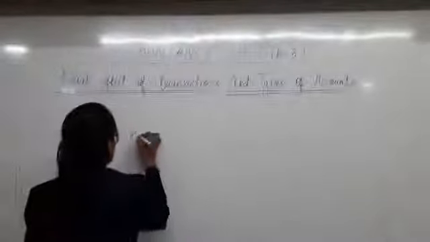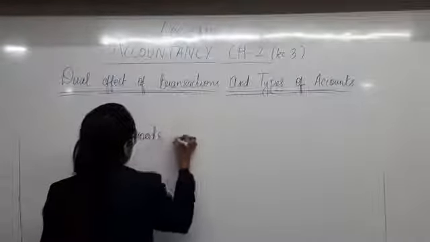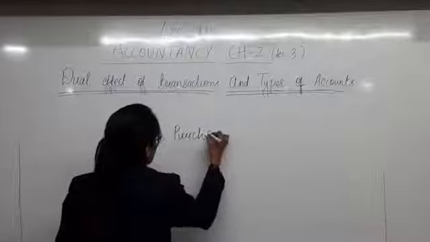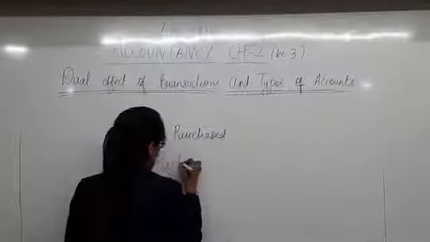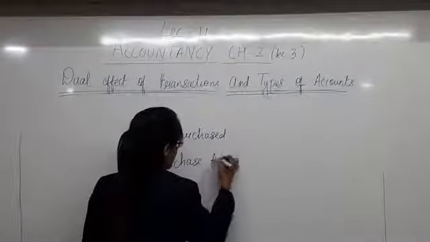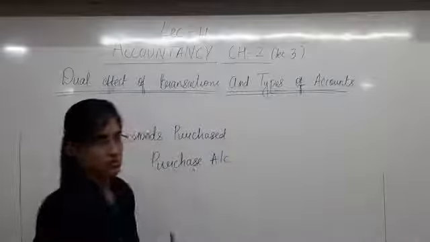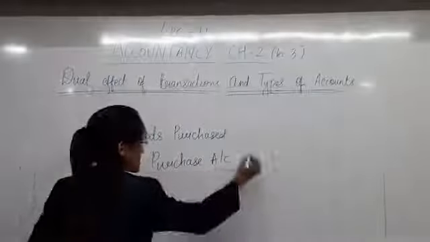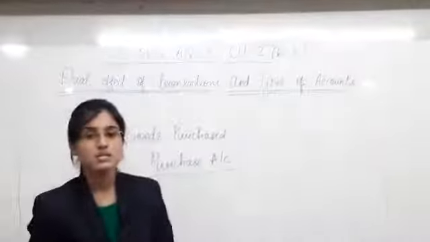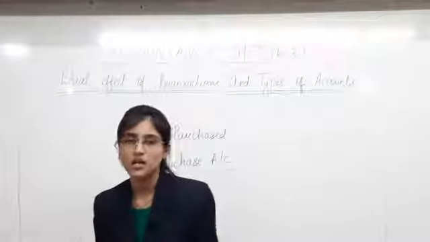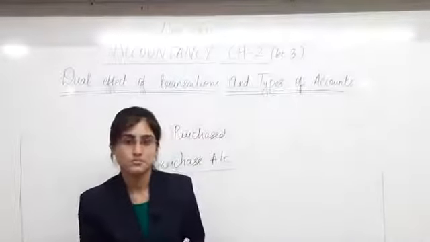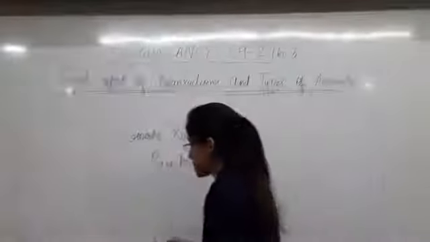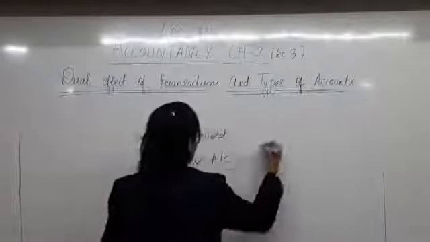So whenever goods are purchased, the account affected is purchase account and not goods account. Please. It is purchase account if you purchase goods. It is sales account if you sell goods. Okay, you cannot write goods account. No. If you have purchased goods, the effect is going to be purchase account.